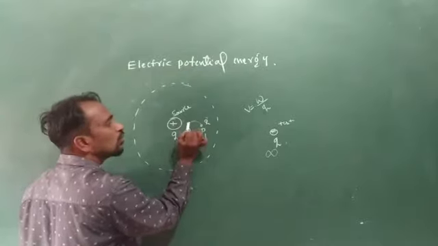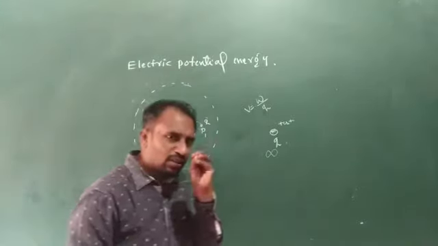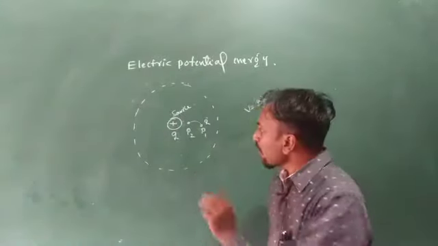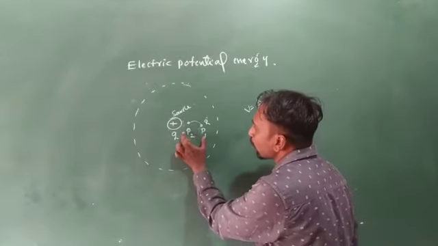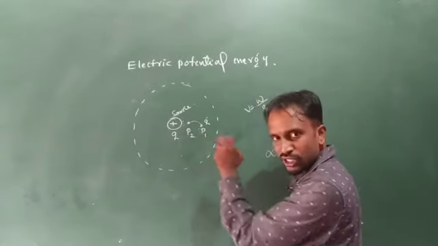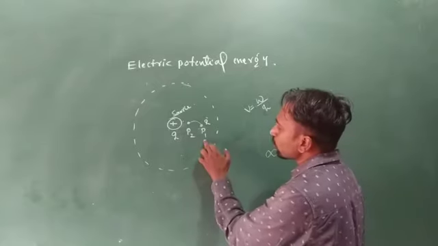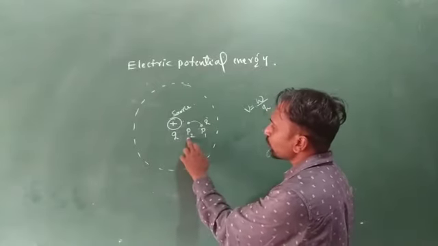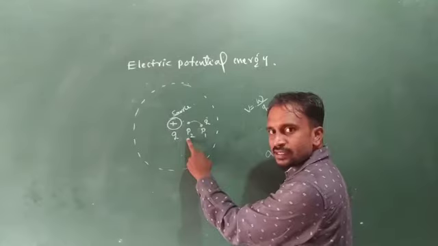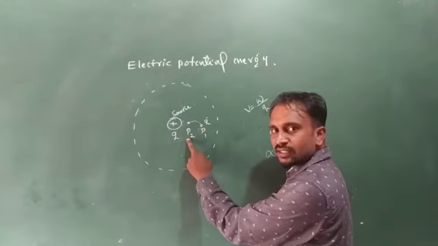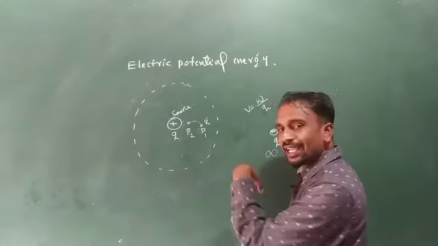Every point has its own potential value. We call this potential V1 and this one V2, so the potential difference is V2 minus V1.